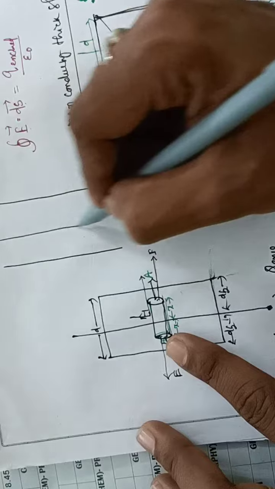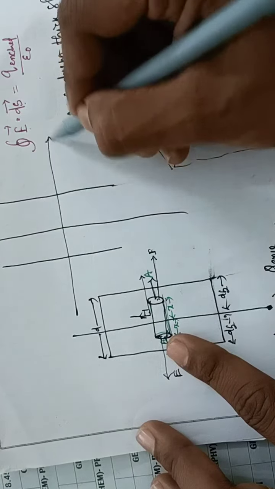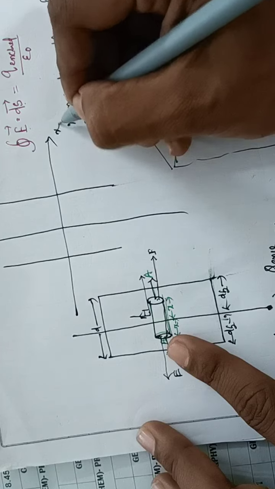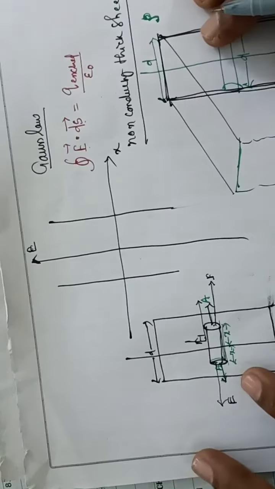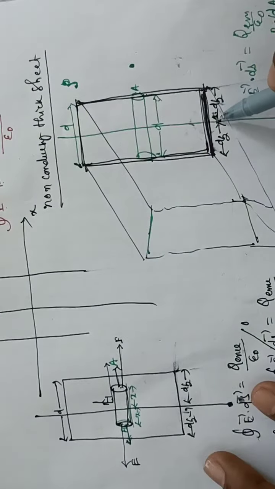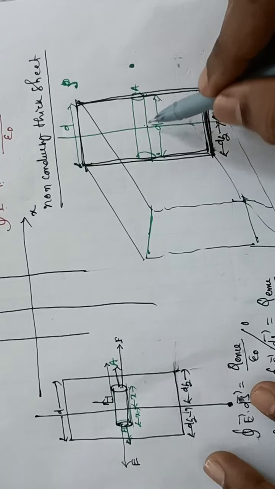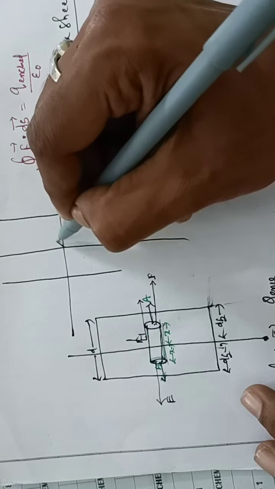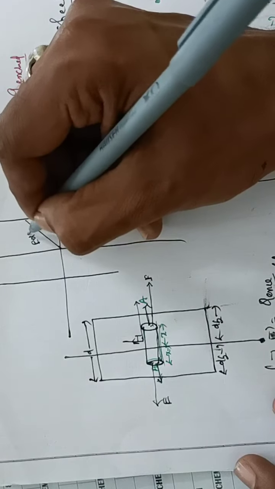If I plot my graph, this is my width. I want to plot the E versus x graph because the distance keeps changing. See carefully, up to d by 2, as x increases, the section varies linearly because E is directly proportional to x.